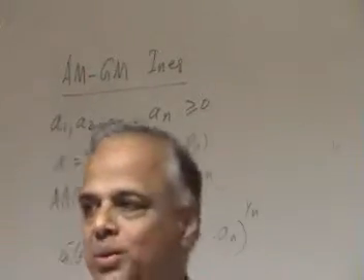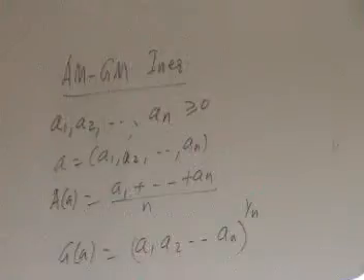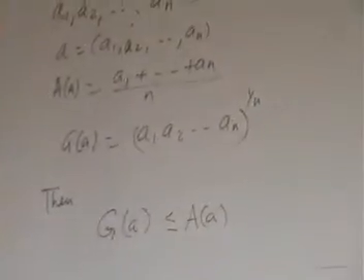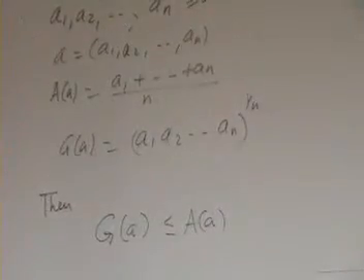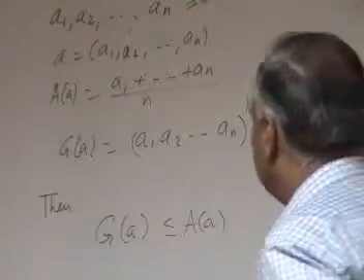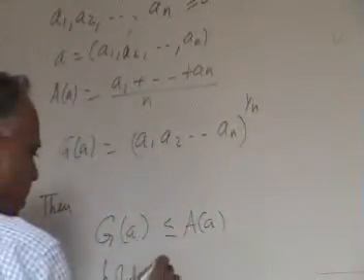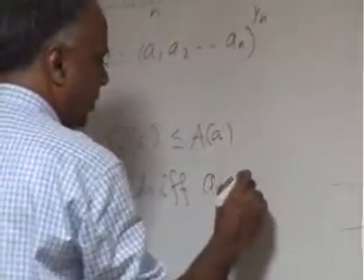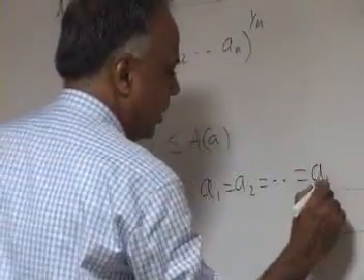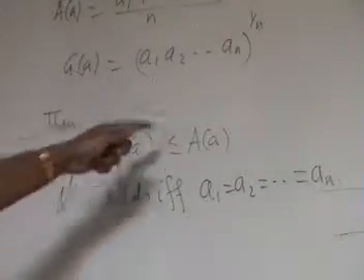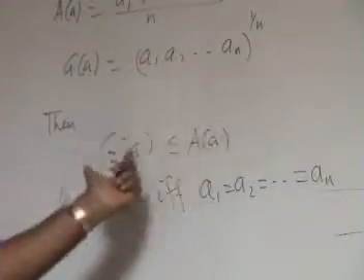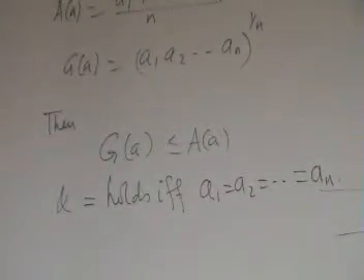And of course in all these things you can trace back and say the equality holds if and only if all numbers are equal. The same arguments apply at each step. In each one of these, equality has to hold, and everywhere you go on putting all numbers equal, and equality holds if and only if A1 equals A2 and so on. Of course the inequality is trivial if one of the numbers is 0, because the left hand side will become 0. That's not a big deal. So we can, without loss of generality, assume all the numbers to be non-negative.